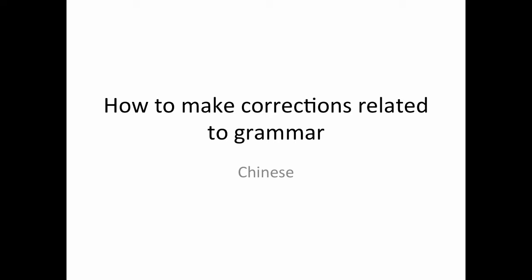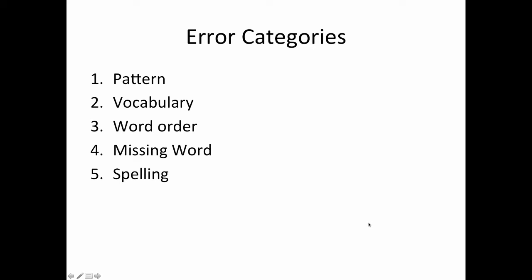Today, we are going to show you a tutorial that instructs you how to make corrections, especially about the grammar in Mandarin Chinese. We summarized 5 categories of errors. The first one is about the pattern.